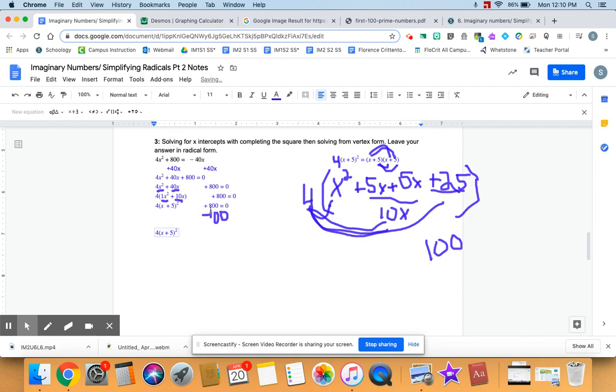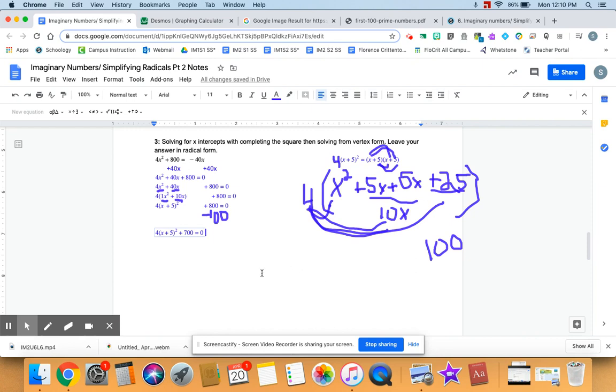And then this part, the plus 800, and then I'm going to minus 100 from it, is going to become plus 700, and it equals 0. And now I am officially in vertex form through completing the square. Again, that was lesson 2, but that's completing the square. So that's step 1. I solved for x-intercepts with completing the square. But then it says, and then solving from vertex form. So I still have to solve this for x.